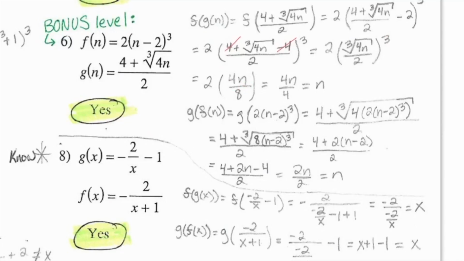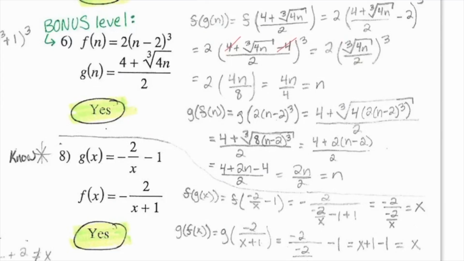Then of course we're going to cube the denominator of 2 itself, because we're going to apply these exponents before we do the multiply by 2 in the front. So again, the cube and the cube root undo each other, we just have 4n, and the cube of 2 is 8, so we have that there.